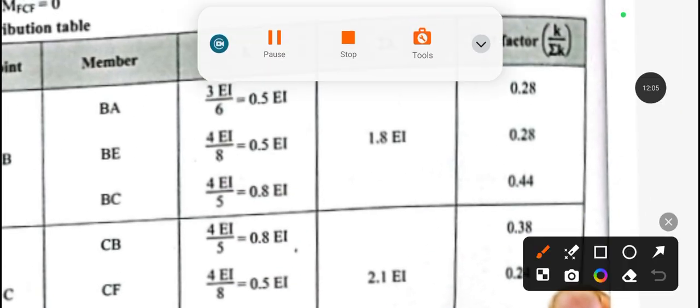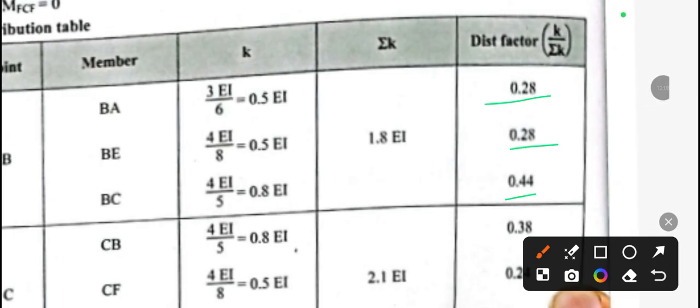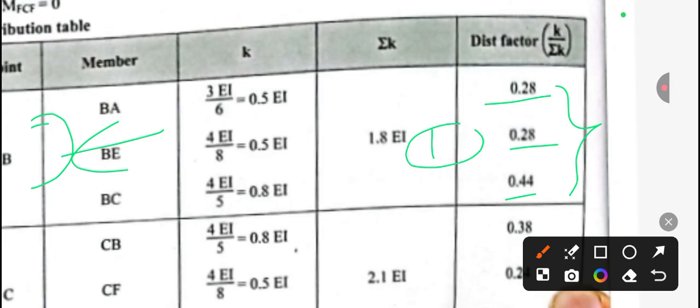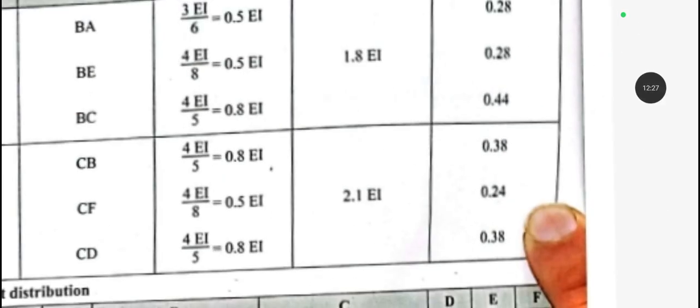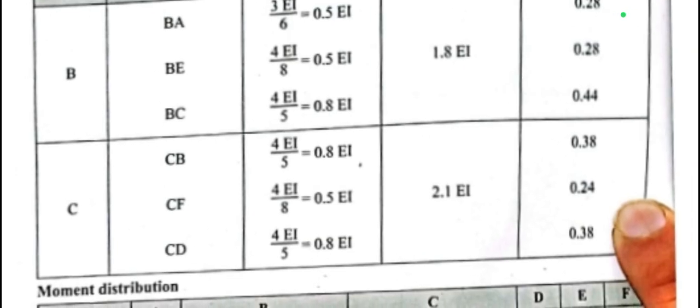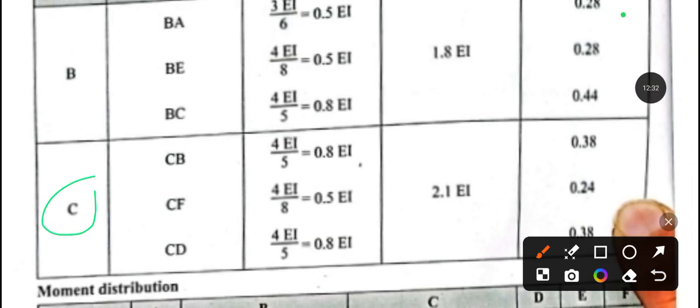Okay, so from here we got the distribution factor. You can see it here for this joint B, and if you add all these values, you get 1. It means the sum of all distribution factors at a joint will be 1. Never forget this thing. And here also our joint is C. If you talk about joint C, the sum of all the distribution factors should be 1.